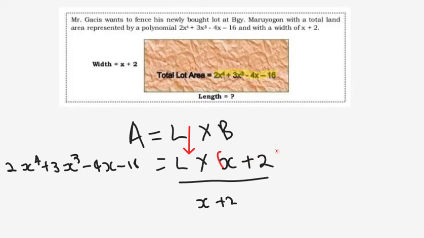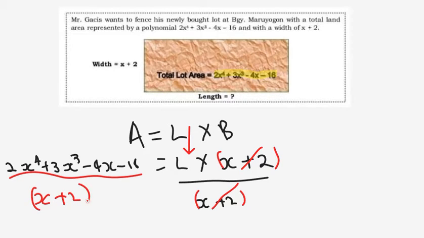Remember that we're trying to cancel this off. This one is going to divide this one off, and remember in math, what you do on this side you have to do on the other side. We do the very same thing here. We divide by x plus 2. So we have our L now.